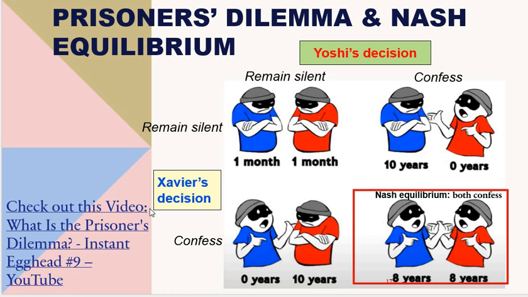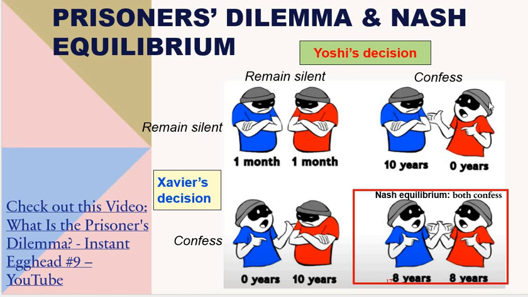Instead, they will be charged with some minor offense and imprisoned for only about 1 month each. If you compare the different cases, instead of both confessing, they'd better both remain silent. But the Nash equilibrium of this game is actually when both choose to confess.